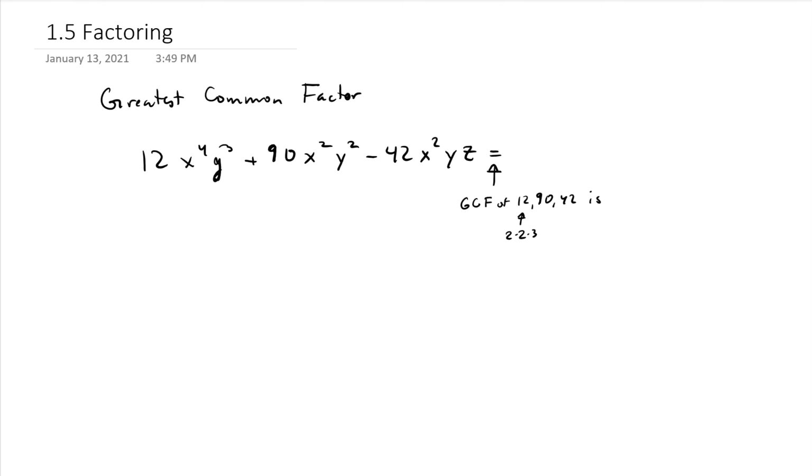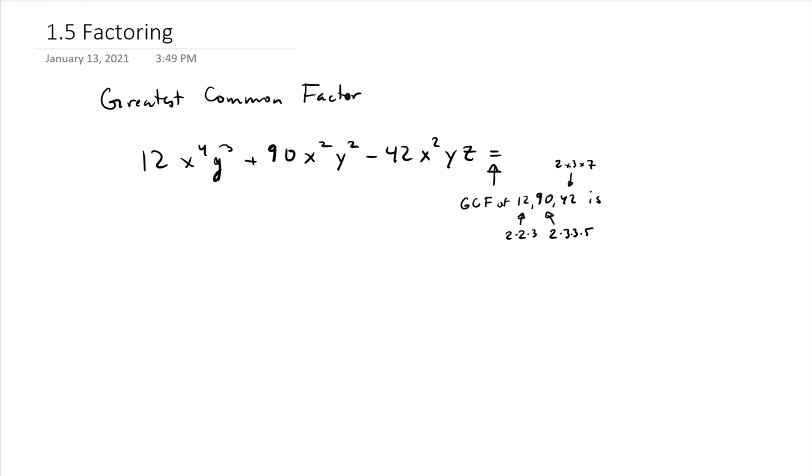So that's how it's decomposed into prime factors. 90 is 2 times 45. Now 45 is 5 times 9, and 9 is 3 times 3. And finally, 42 is 6 times 7, so 2 times 3 times 7.